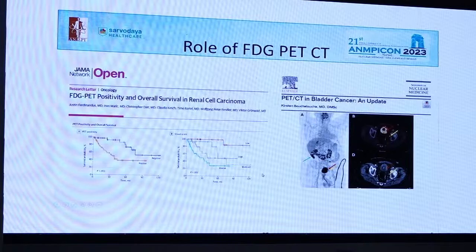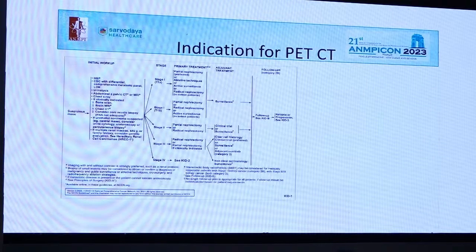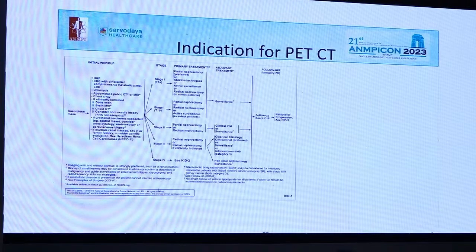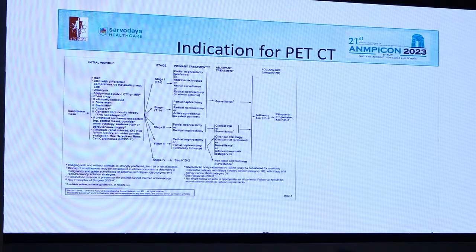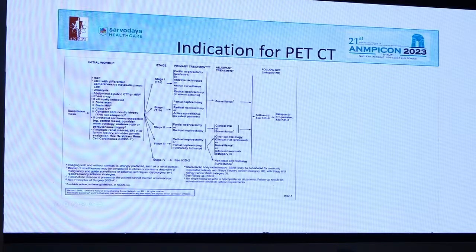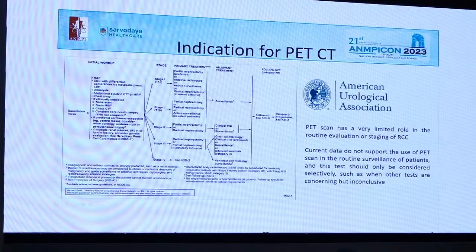But despite all of this, a lot of guidelines, such as the NCCN guideline, do not recommend an FDG PET CT as a routine investigation in the evaluation of renal carcinomas or, for that matter, other tumors. And also, the American Urological Association categorically states that PET scan does not have a role in the routine evaluation and staging of RCC.